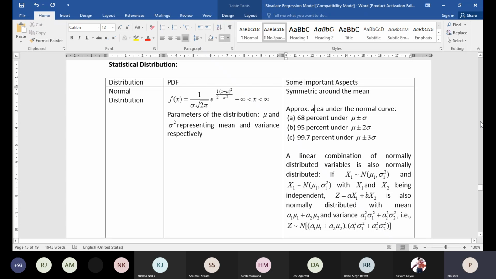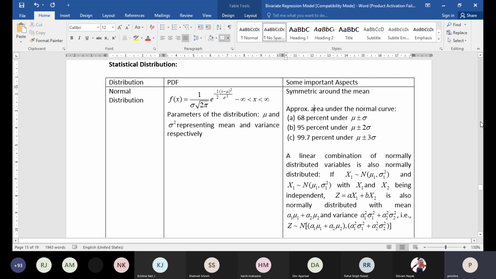Similar expression we had derived for alpha hat also. And because yi is normally distributed, following normal distribution of ui, we found that alpha hat and beta hat are also normally distributed. Now, why this normal distribution of alpha hat and beta hat?